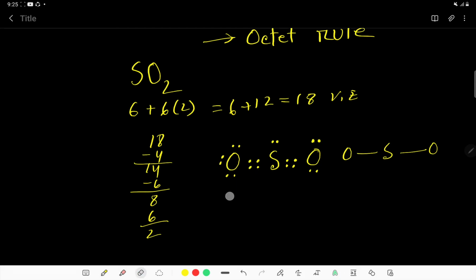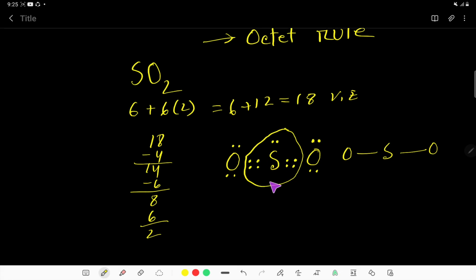You know that sulfur can break the octet rule, right? So here, for the stable Lewis structure, sulfur has broken the octet rule. So look, here sulfur has how many electrons? 2, 6, right? 6, 8, 10.